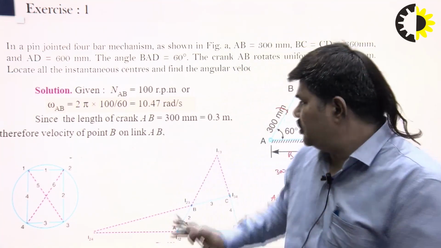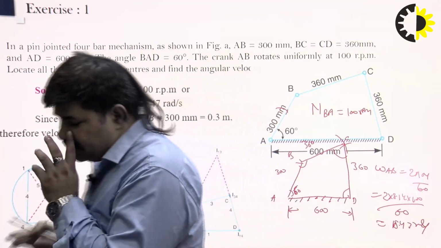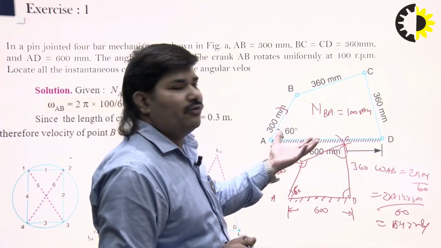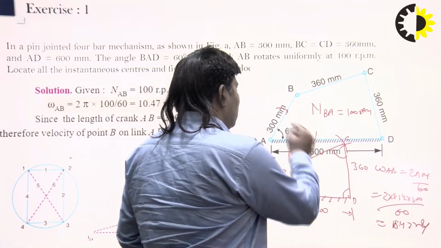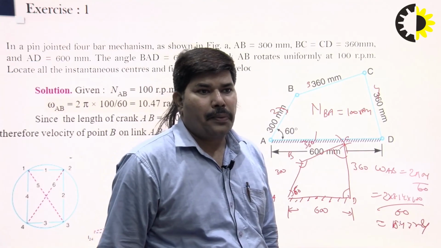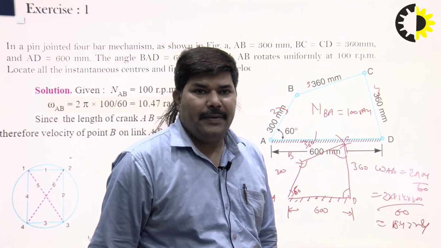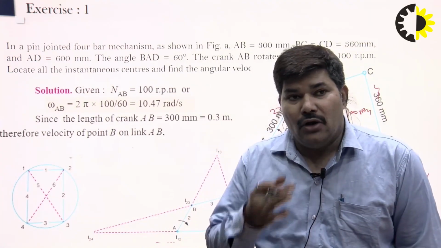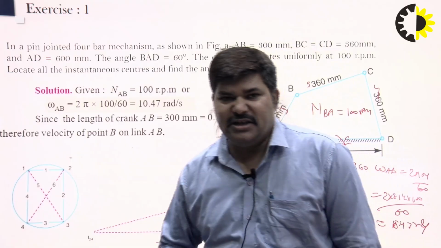So, look at this figure and find out how many links are there. There are 4 links: 1, 2, 3, 4, right. And how many instantaneous centers?